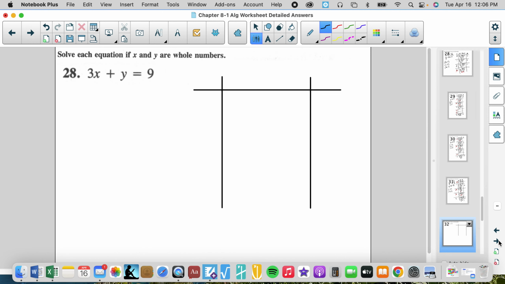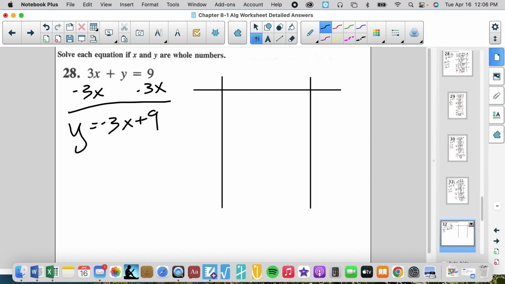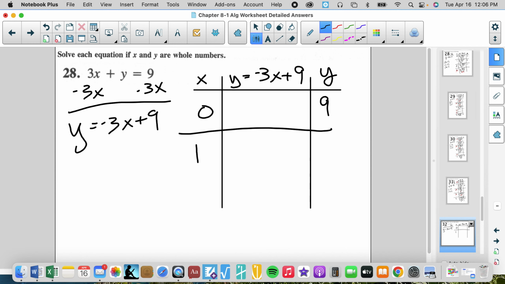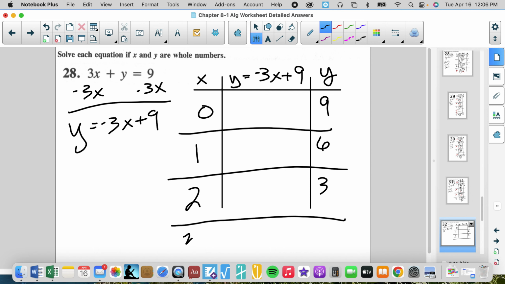Okay, so hopefully you're seeing these tricks to the trade and what's going to make it work, what's not going to make it work, what's going to keep us in the whole number range. So 0 should work. 0 gives you 9. 1 gives you 6. 2 gives you 3. 3 gives you 0, and we're done.